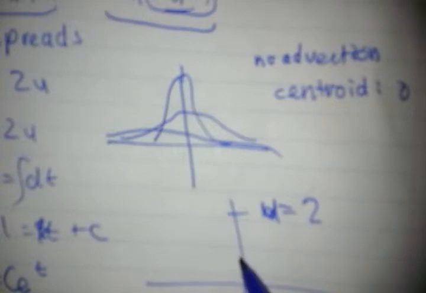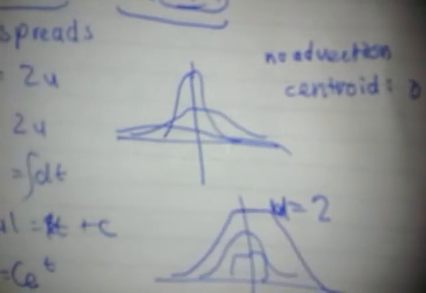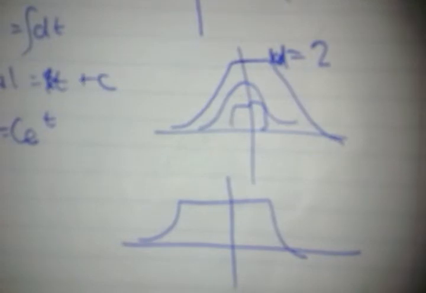It originally started at this, then it grew to this, and then it kept on growing and then it flattened, because as soon as it got there, it couldn't go any further. It's like a barrier. Once we flatten it, we have something that looks like this, where the centroid is still 0, even though it may not look like it.